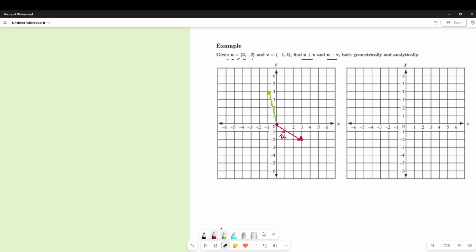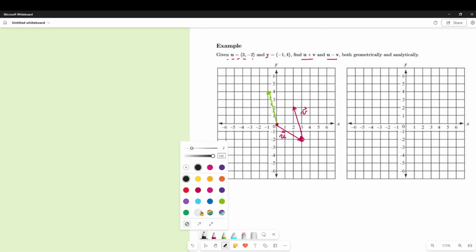So I'm going to take this vector v and put it at the terminal point of u. So from here, we're going to go negative 1 plus 1, 2, 3, 4. So we're going to place our vector v there instead, so we can perform that addition.